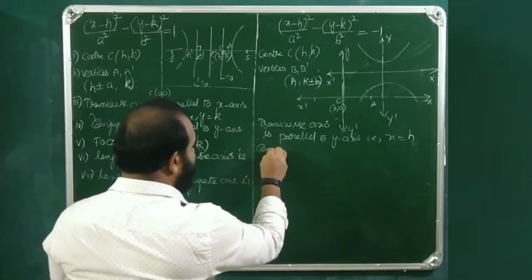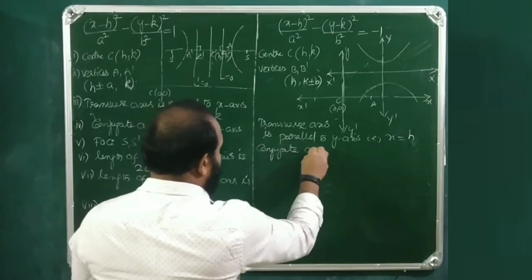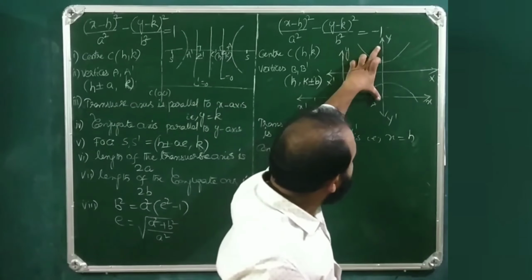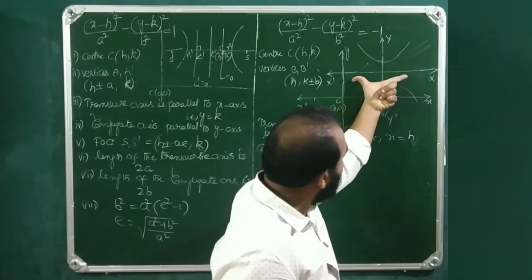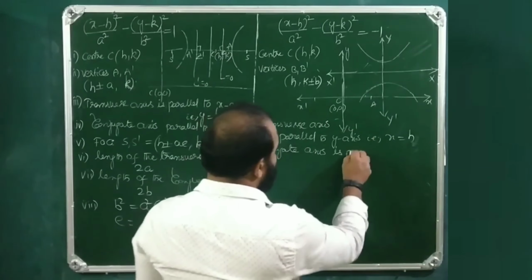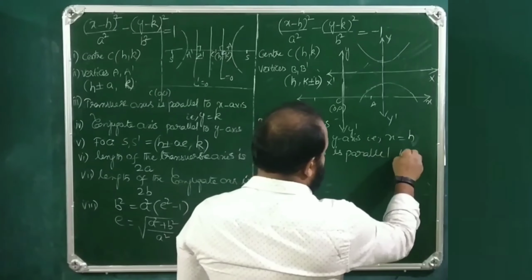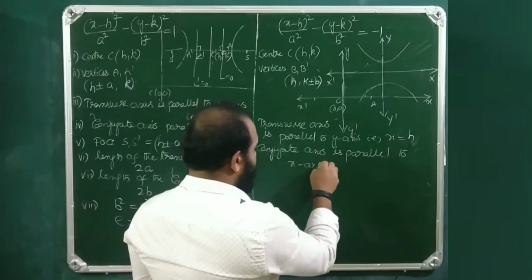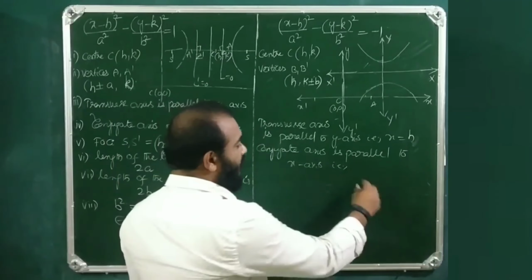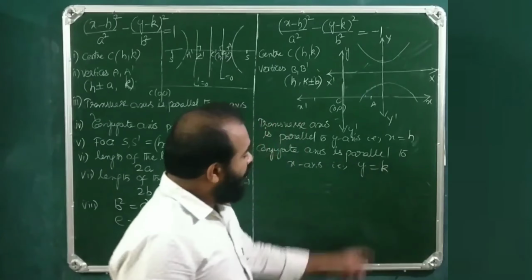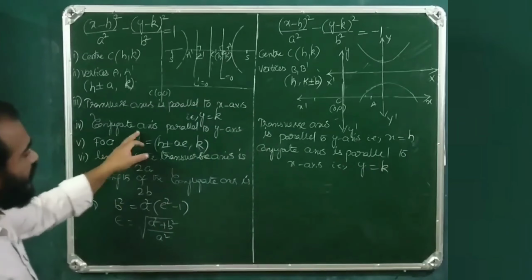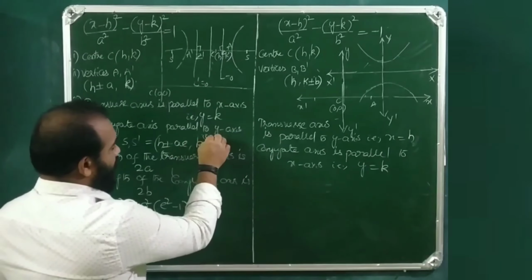The conjugate axis: this is the transverse axis and this is the conjugate axis. This conjugate axis is parallel to the x-axis. Any line which is parallel to the x-axis is of the form y equals to something, so y is equals to k. K is associated with y and h is associated with x.